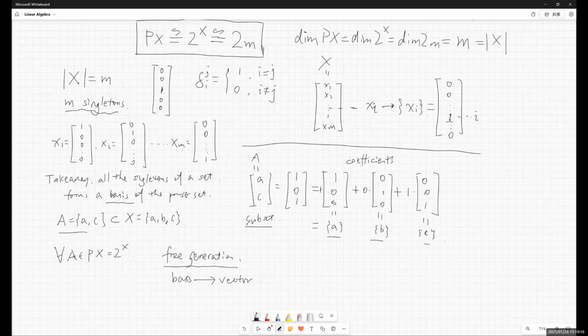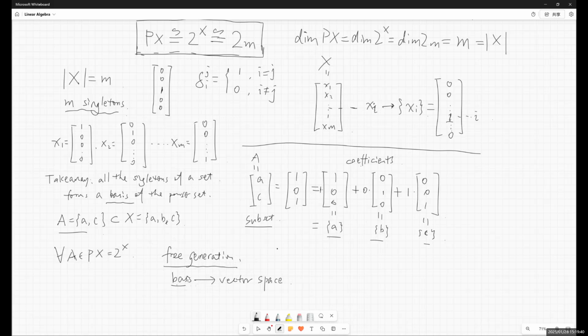A subset is a vector. So everything the basis generated together became a vector space. The vector space we talked about here is the power set. And in future, we can generate more complicated mathematical structures.